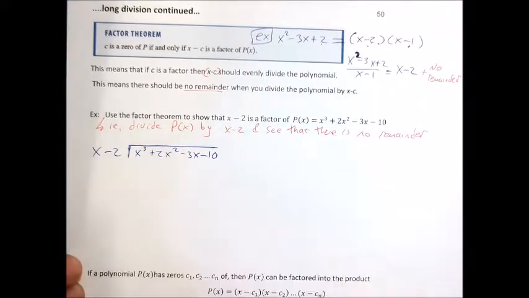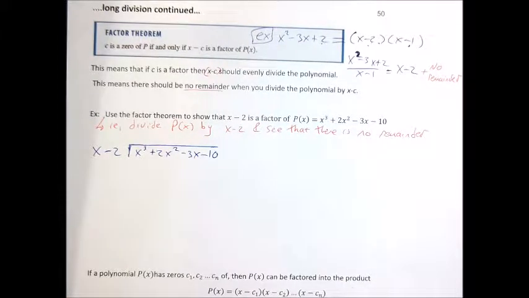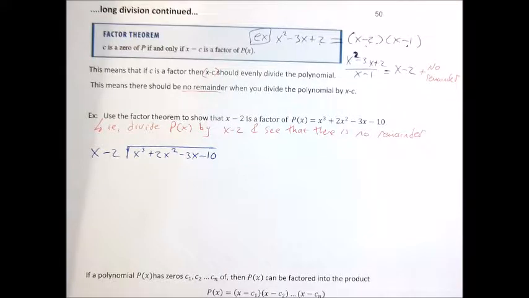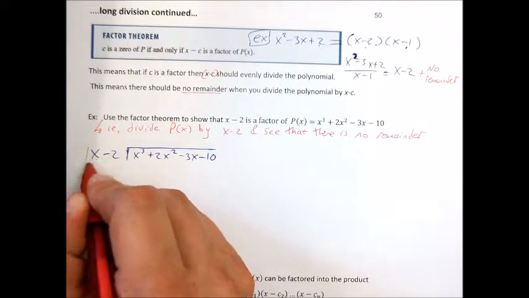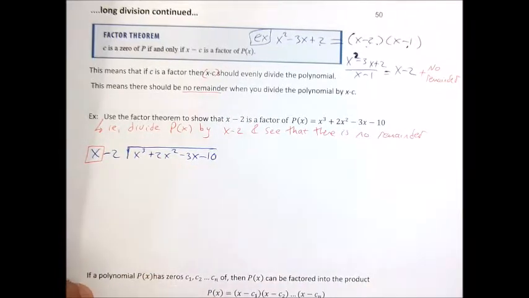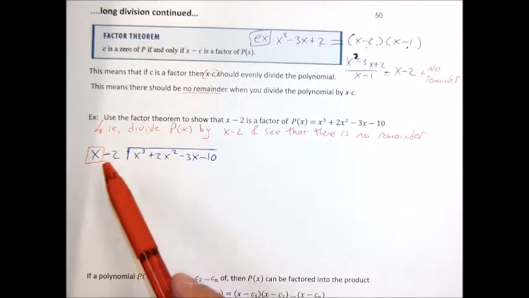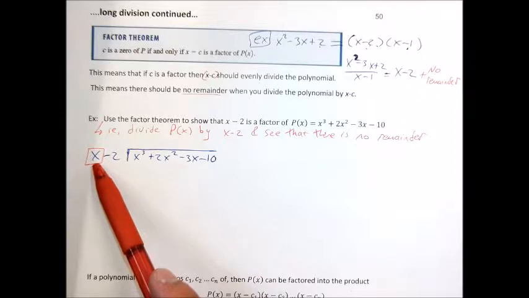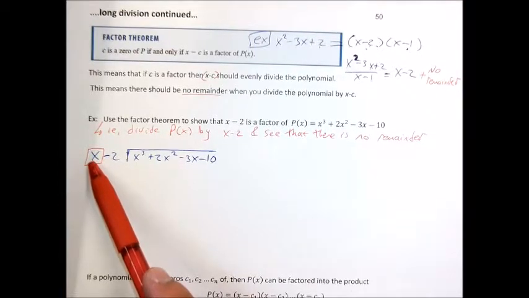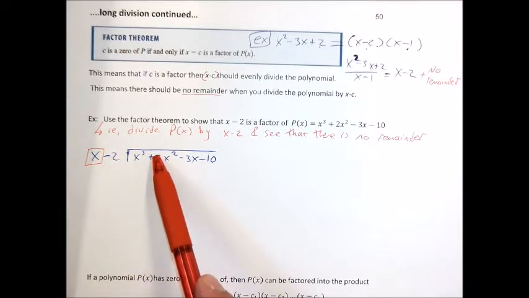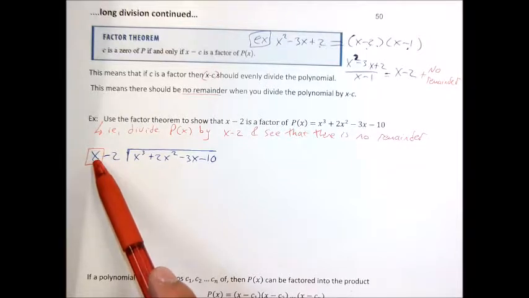And remember, I'll do one step and then I'm going to ask you to finish it. Remember when we're doing these, and if you weren't here last time, then maybe this is the first time you're hearing this, but when we're doing these, you think about just the first term dividing into the polynomial. That's why I boxed the x, right?